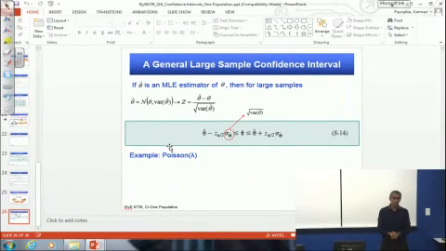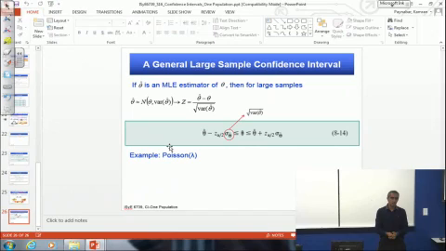You can always approximate that. For example, if this is MLE, and MLE doesn't have a closed form solution when you want to maximize or minimize it, then you can use a numerical method to find an approximation and use that one. That's one possibility. Okay?